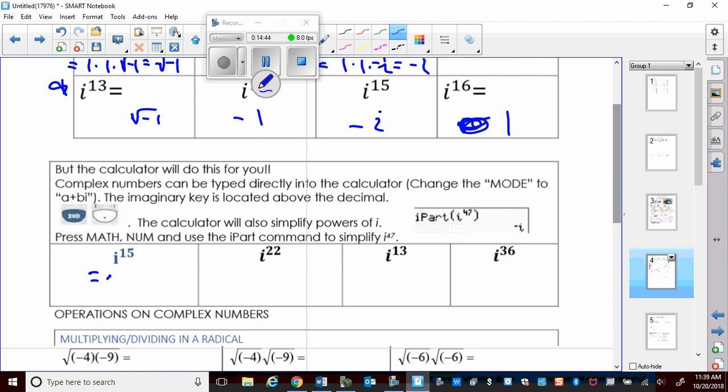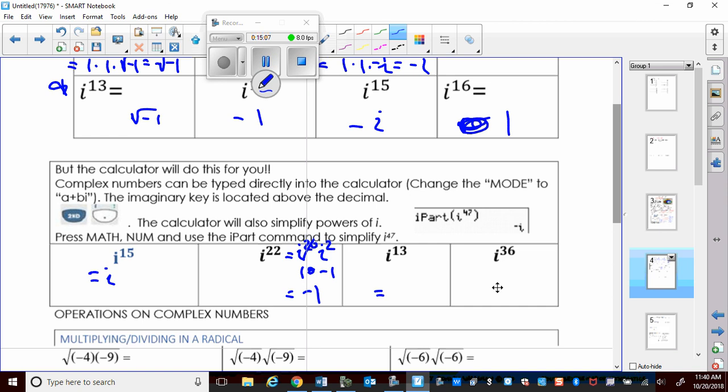I can predict, if I break this down into parts, this equals i to the 20th times i squared. Because 20 plus 2 is 22. So this equals 1, this equals negative 1. So you should be getting negative 1 back in your calculator.